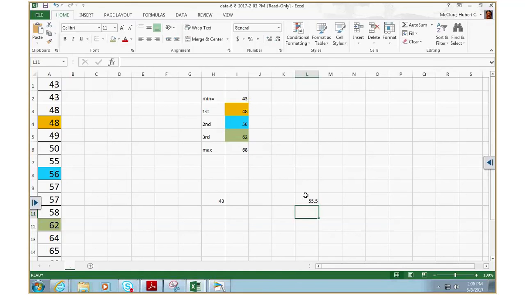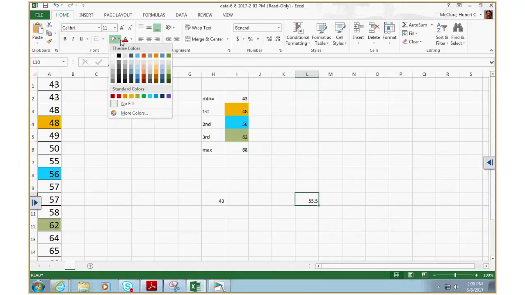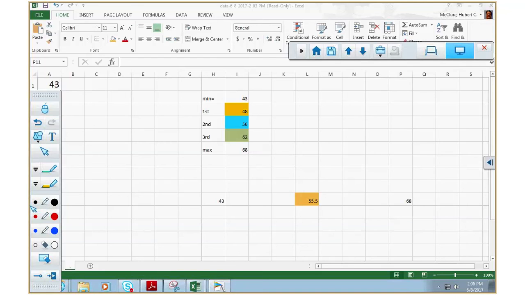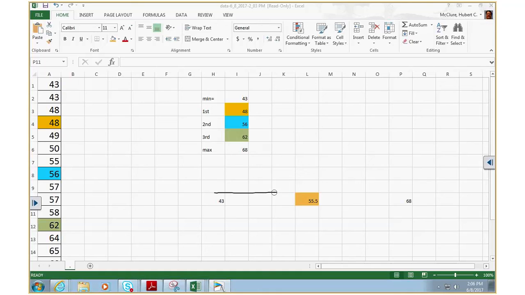And I'm going to highlight that in a different color so you'll know what that is for your notes. That's the mid-range. Then equals the max. So I'm going to take my handy dandy virtual marker and draw my number line, because I need my number line to draw the graph.